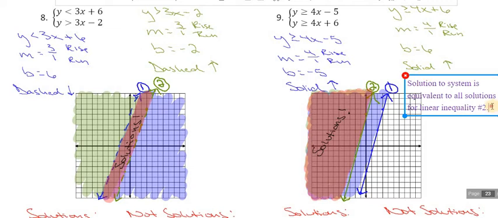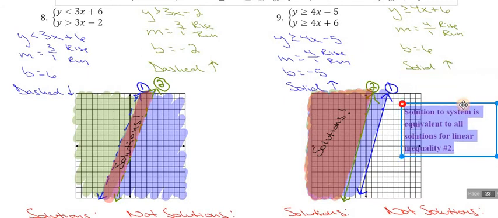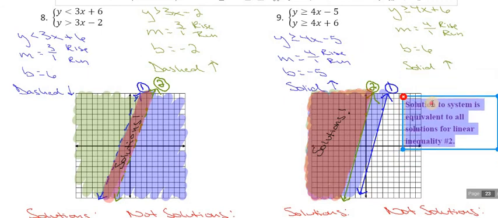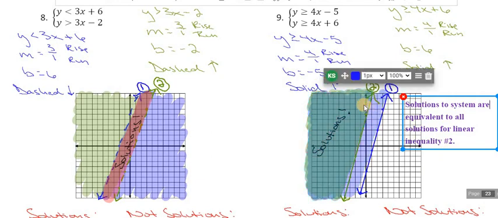So all of those solutions for that second linear inequality represent solutions to the whole system. Okay, so the little canal in between here does not include solutions, only this top left portion.